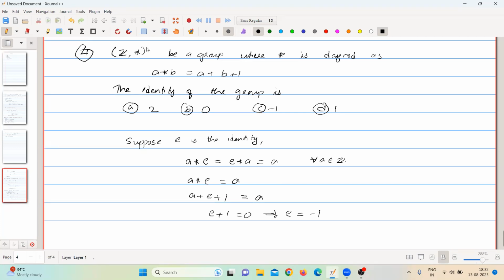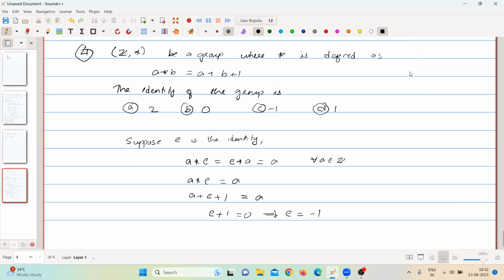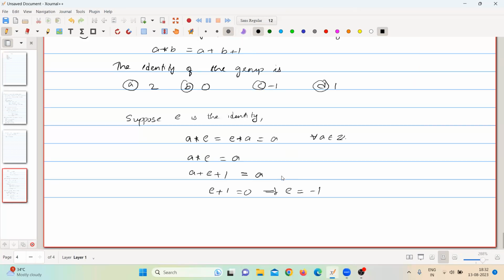Under addition, we have already seen that 0 is the identity, but under this operation, identity is minus 1. So for a set, identity is not fixed. It depends on the operation. Any doubt here? Okay, if you have no doubt, let us move to the next problem.